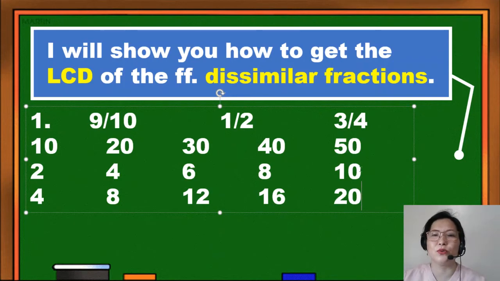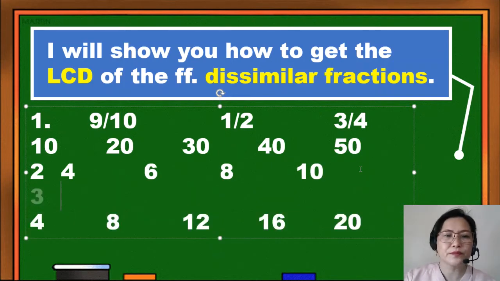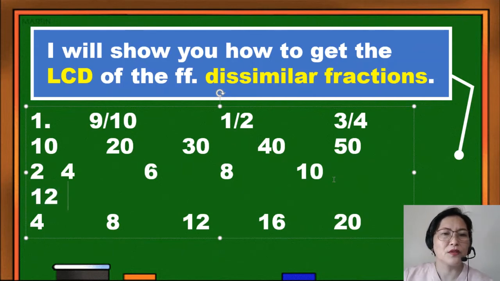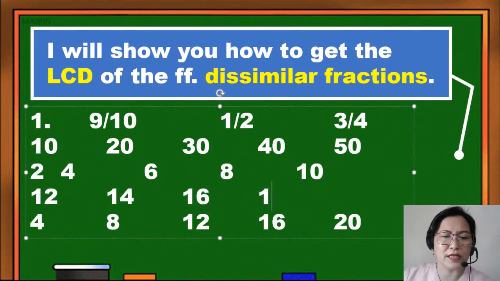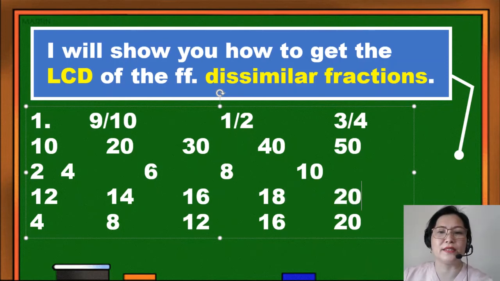That is 2. So let's have it. 10 plus 2 is 12. 12 plus 2 is 14. 14 plus 2 is 16. 16 plus 2 is 18. And 18 plus 2 is 20.